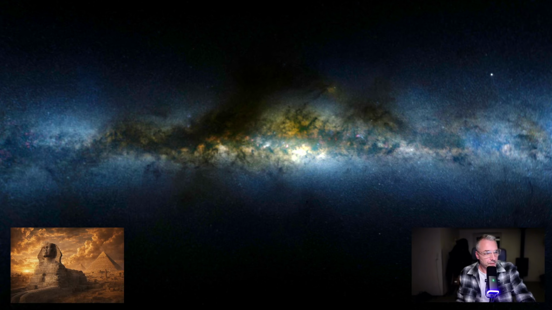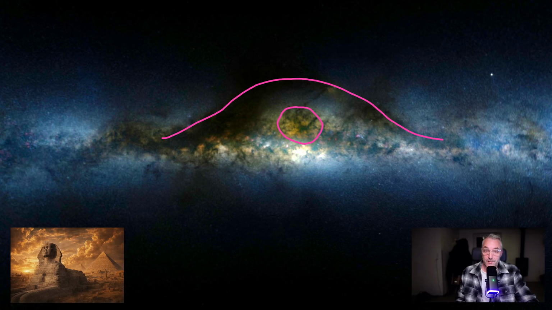First of all, the Sphinx is looking east, not because the sun is rising in the east, but because the disk in the Milky Way center and the graveyard, which it's watching over, is rising on the eastern horizon. So that's the reason why the Sphinx is pointing east. Everything rises in the east, so whatever we pick will rise in the east. But that's the main reason.